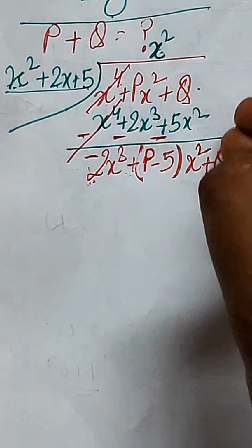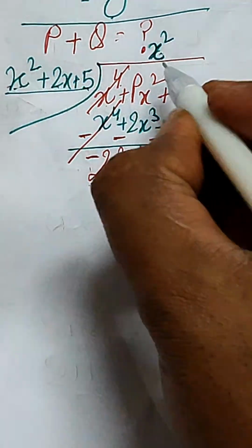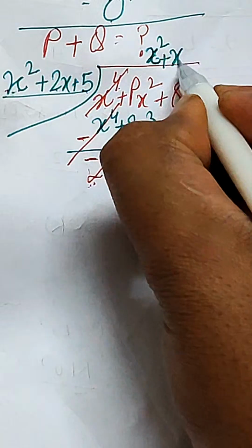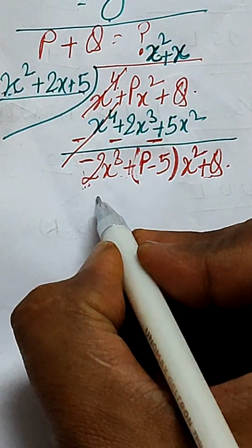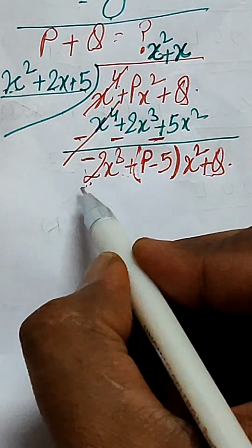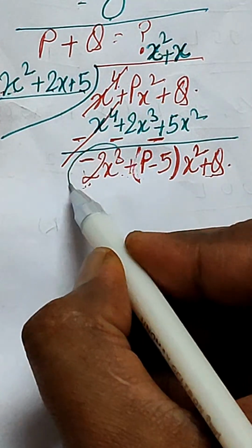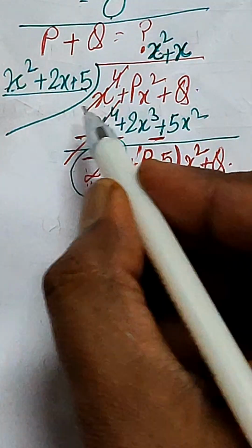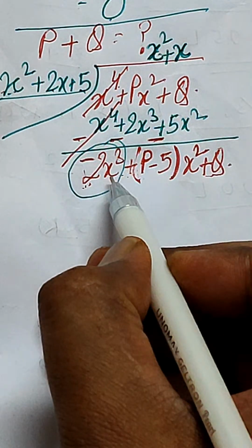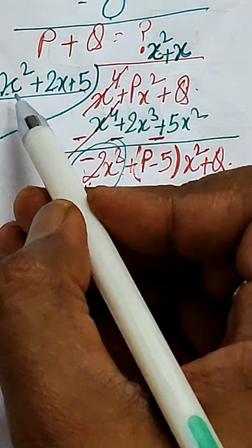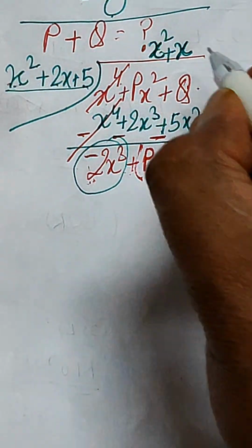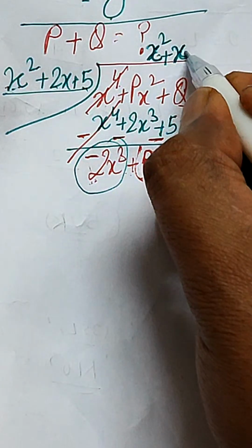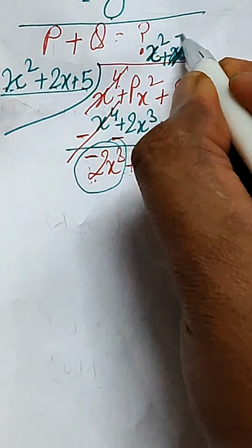So we take x times, but you just try to vanish the first term. So when you take minus 2x times, it will not be x, it's minus 2x. Minus 2x into x square will be minus 2x cube.